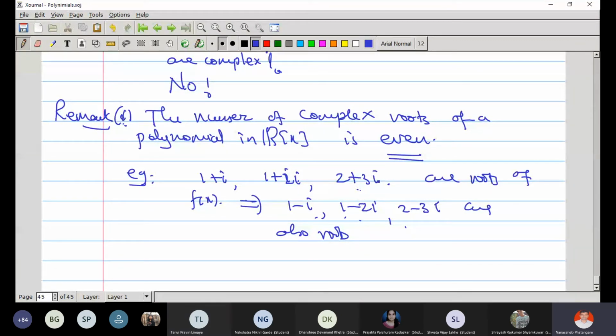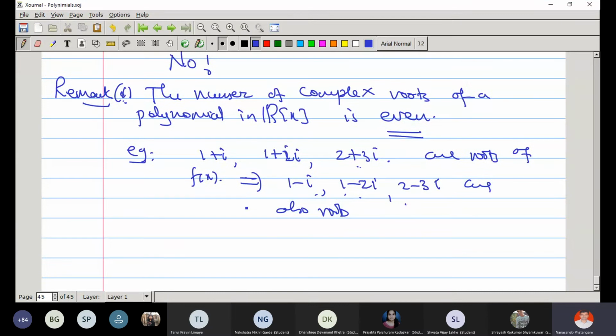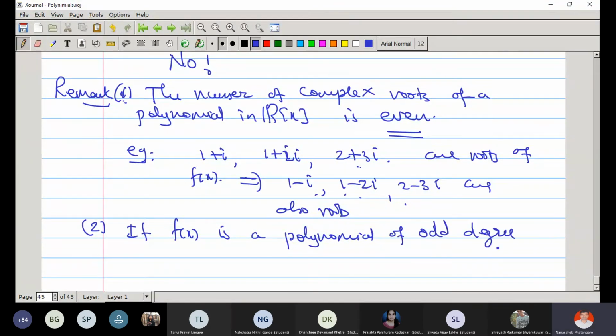If f(x) is a polynomial with real coefficients of odd degree, then what can we say about such a polynomial? Is it possible that all of its roots are complex?